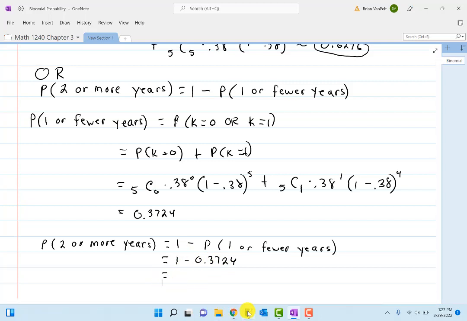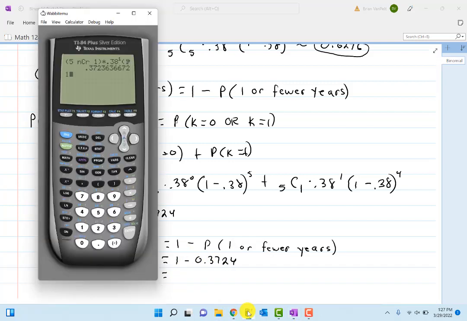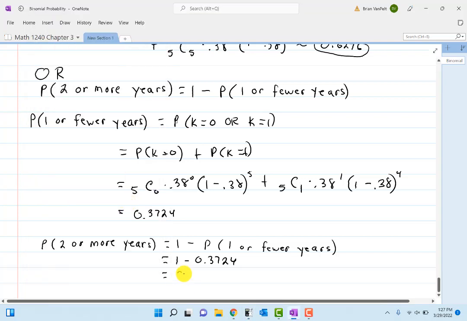And once again, I'll let my calculator do this. I'll do 1 minus, go up and grab that number, hit enter again, and I get my 0.6276. And of course, that agrees with our earlier example, our earlier answer.